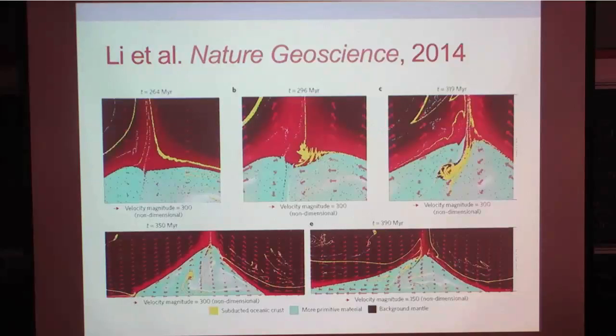So I am particularly favorable to this model of Lee and others that came out 2 years ago, of these LLSVPs somehow being big mixing machines. They start out their models with LLSVPs containing some primitive material, the blue, into which the subducted oceanic basalt eventually gets mixed in.